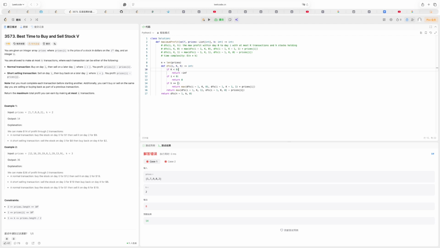Yeah, since for each, you can have -1 stock.